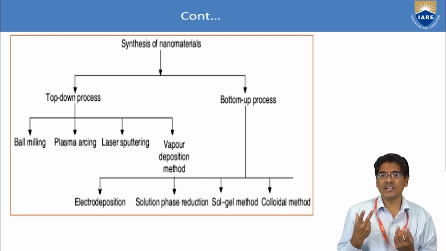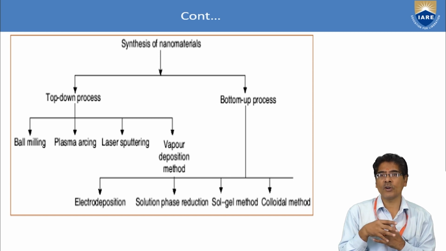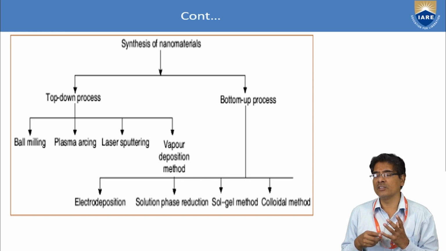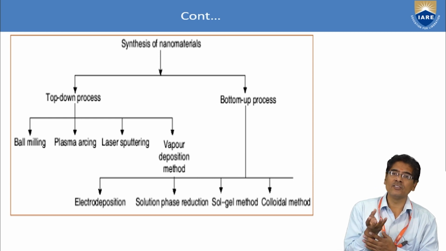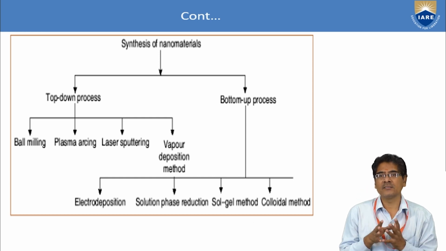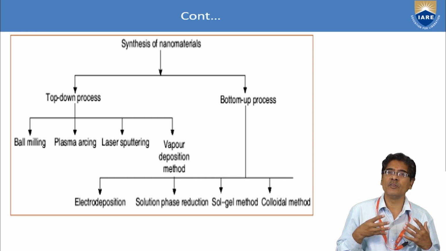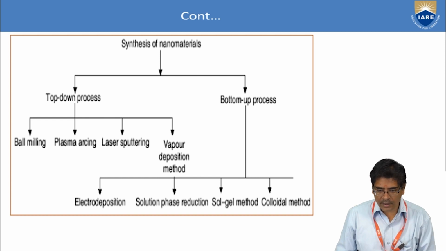We will see how the solution phase reduction method can be used as a bottom-up process, and what the sol gel method is, and another new method called the colloidal method. So we shall see the different methods by which nanomaterials can be fabricated, right?